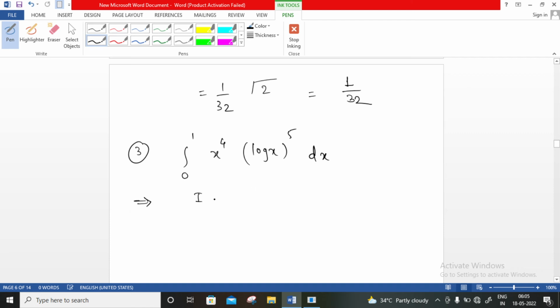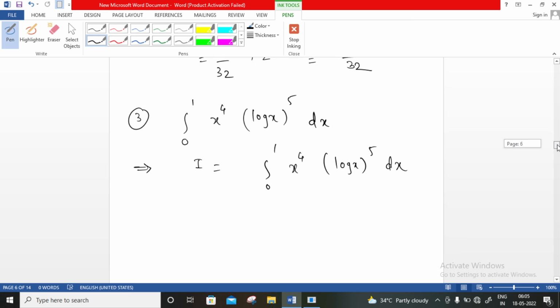Again, first I consider this integration, and then with the help of the definition of the gamma function, we simplify it. So first you write the definition: ∫ e^(-x) x^(n-1) dx is gamma n.